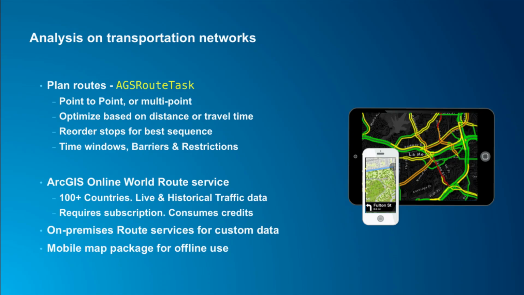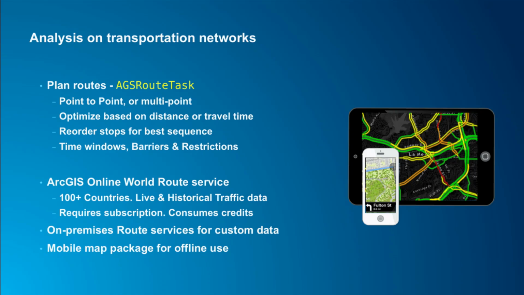And the route task works with the online route service that's hosted on ArcGIS Online, provides traffic data for 100+ countries, and it requires a subscription, so it's going to consume credits. You need to be aware of that. If you have your own route service running on your on-premise portals or services, the route task can work with that as well.